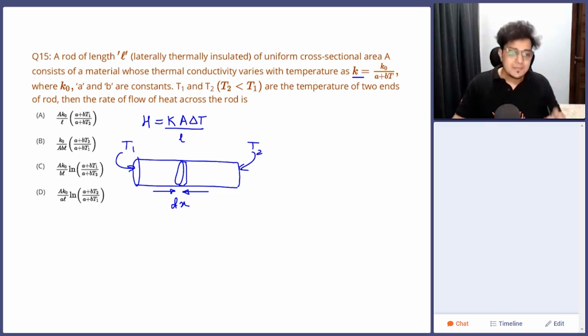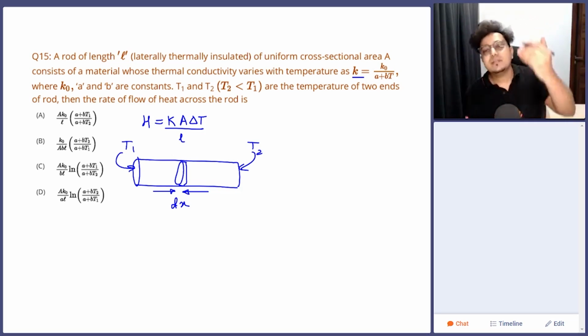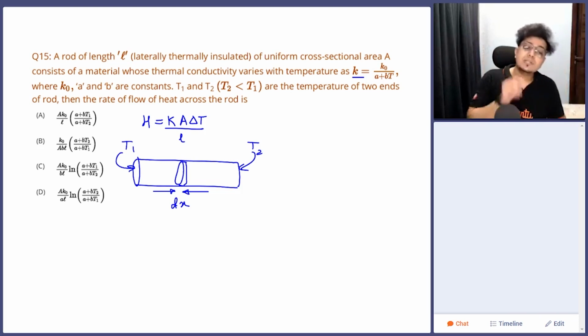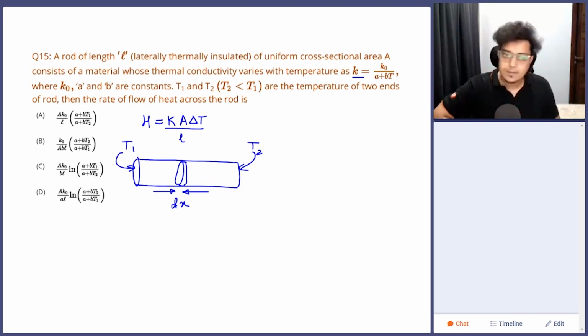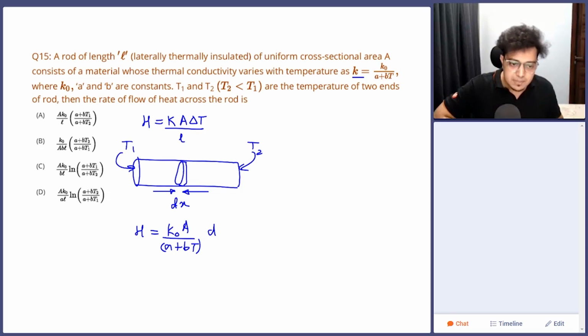The reason is that for the entire rod, K is variable, but for a very tiny thickness, the temperature change is very, very small, so we can say conductivity is constant for that tiny distance. So I will rewrite the formula. Heat current will be equal to thermal conductivity, K naught upon A plus BT, times area A, times the change in temperature dT for the length dx, a very small change in temperature for a very small length of the rod.